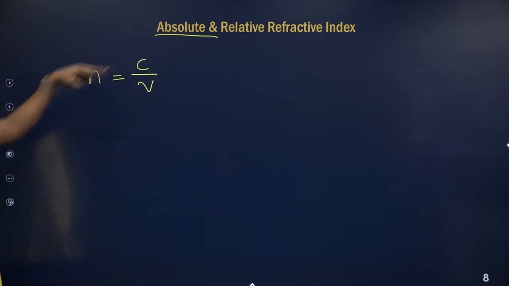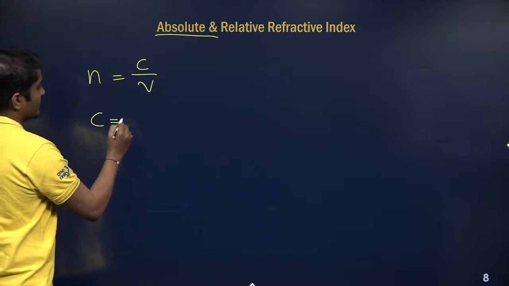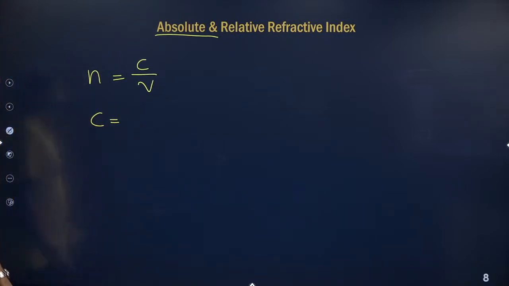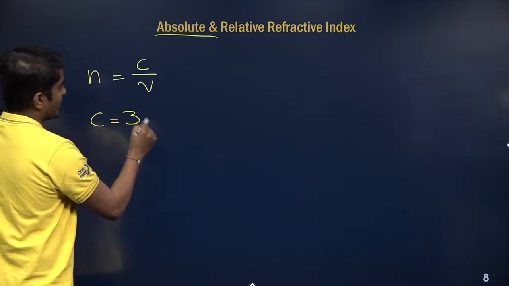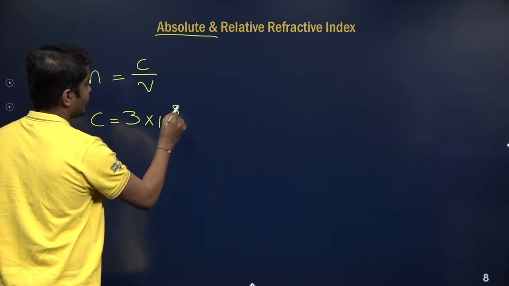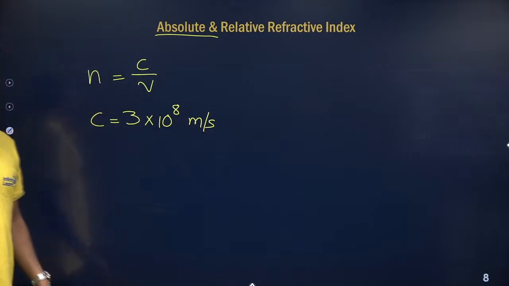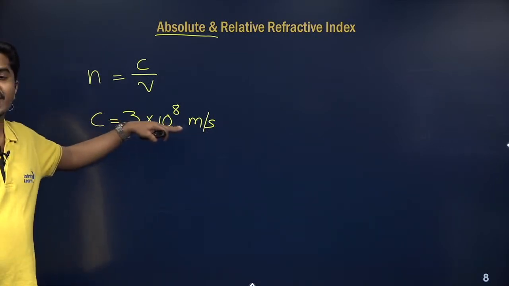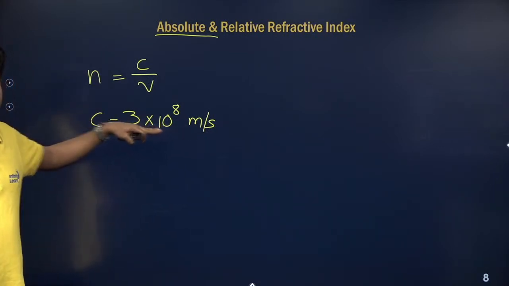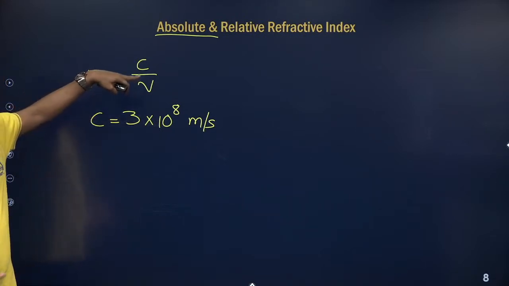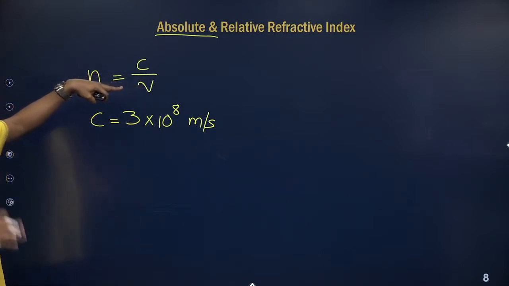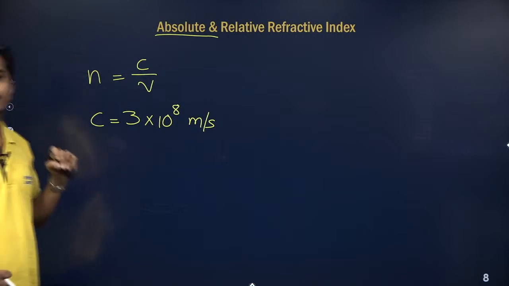What is c? c is the speed of light in vacuum, that is 3 into 10 raised to 8 meter per second, which is the fastest speed, and v is the speed of light in that particular medium.